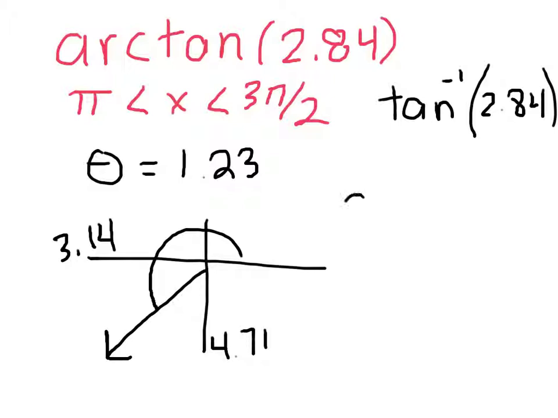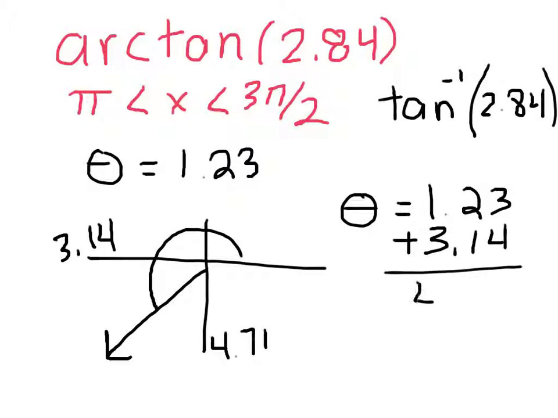So my real answer for theta is going to be 1.23 plus 3.14, so 4.37. You're going to do the math on your calculator, and then you're going to think about, is this drawn in the correct quadrant? And you're going to have to add or subtract from the horizontal. You're always adding or subtracting from either pi or from 2 pi in order to get the angle that you actually want.